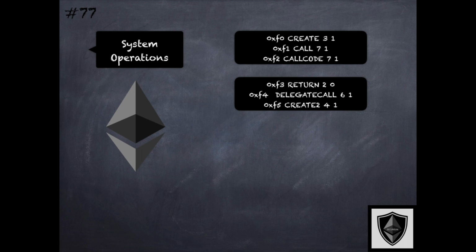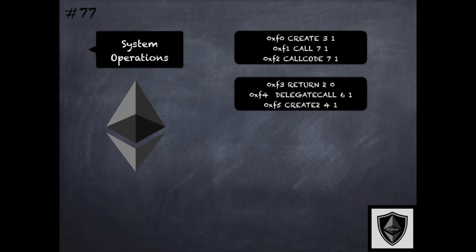The delegate call is a very interesting instruction. This, again in the call family of instructions, is very similar to call code, where there is a caller account that calls into the callee account, where the callee account executes its code in the context of the caller's state.